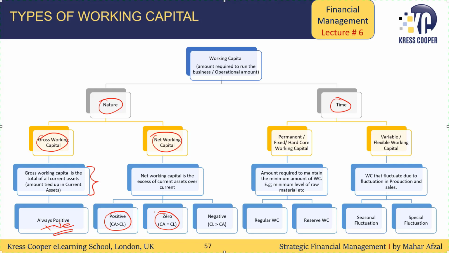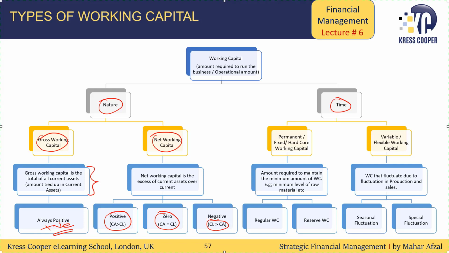There will be a lot of pressure on the management to manage the working capital in case current assets are equal to current liabilities. If current assets are less than current liabilities, then the entity will not be able to make payments and it will create distress and disruption in the business, as we discussed in our previous lectures as well.